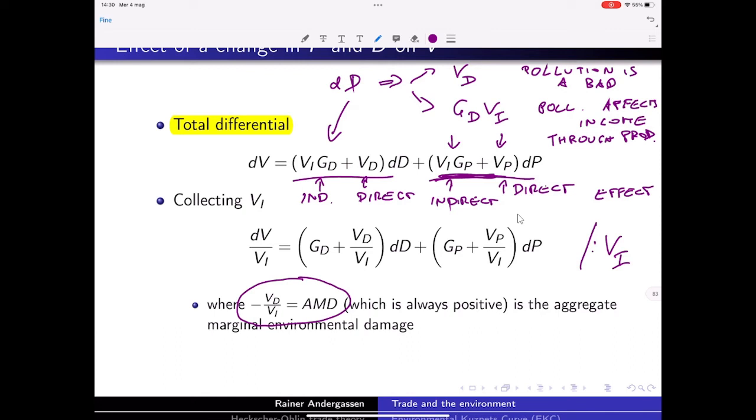That's why it's called the aggregate marginal environmental damage. It has a minus in front, because we know that VD is always negative and VI is positive, because increasing income increases welfare, but increasing pollution decreases welfare. That's why you have a minus in front. So AMED is positive.